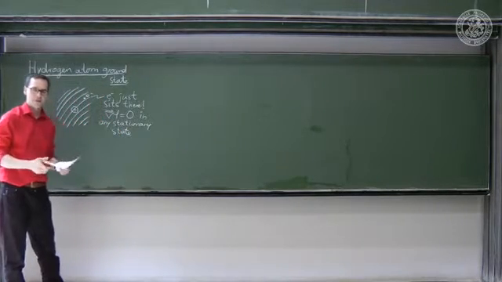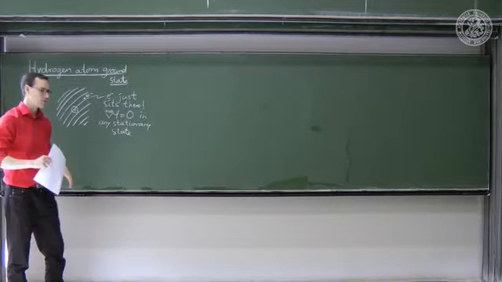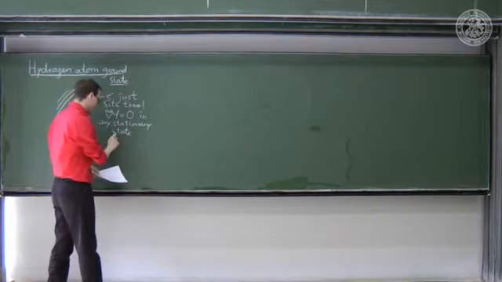Except if you have a magnetic field. If you have a magnetic field, then the guiding equation is also changed a little bit because you have to introduce the vector potential, as you can guess. But for the moment, let's forget about a magnetic field.